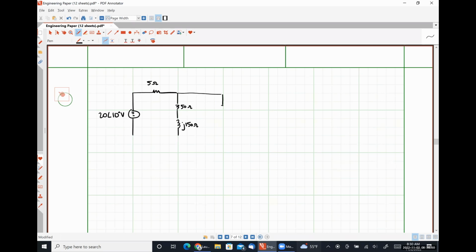Over here, we have a 120 ohm resistor connected in series to a minus j40 ohm capacitor.